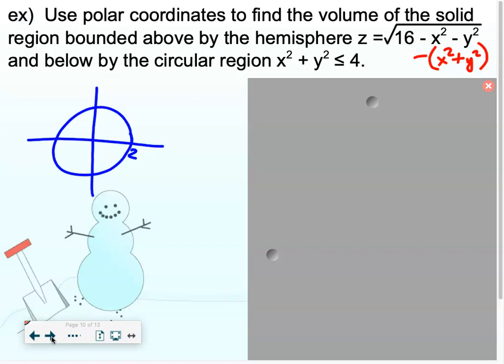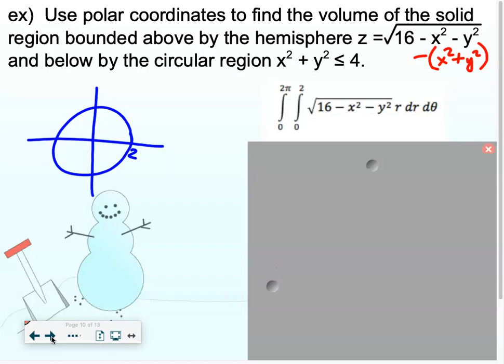So your r's and your thetas are all constants of your boundary, which means you could do dr d theta or d theta dr. I personally tend to prefer dr d theta, but that's just me.